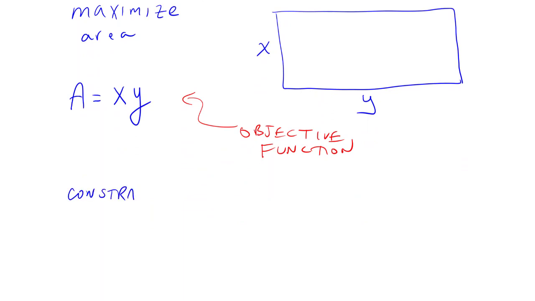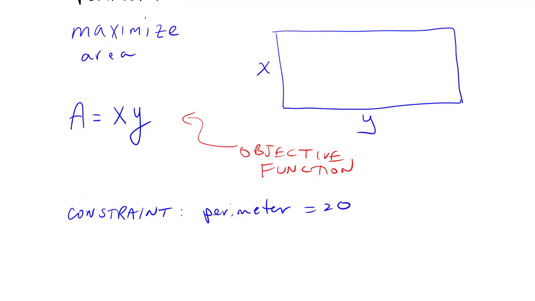Well, there was a constraint given. The constraint given was that the perimeter has to be 20. Well, the perimeter of this rectangle, obviously it's also X up here. I'm sorry, it's also Y up here and X up here. So we have 2X plus 2Y.